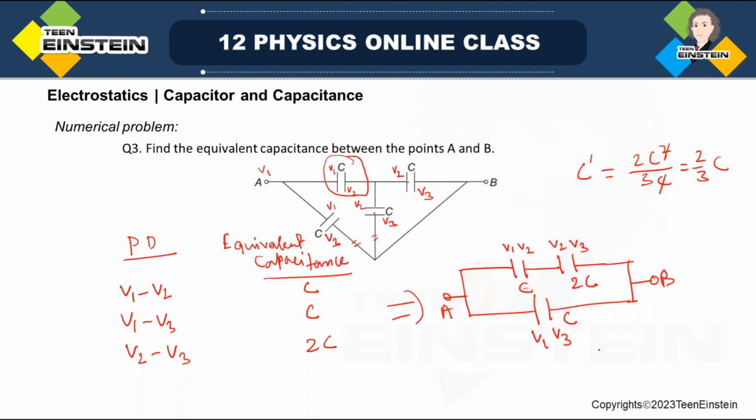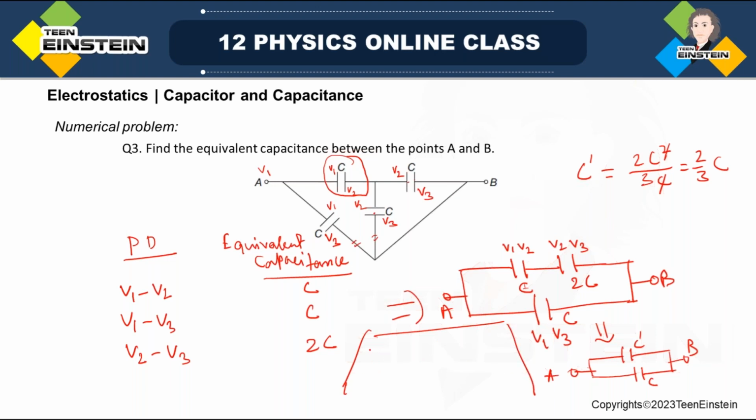Now the total equivalent capacitance will be, so this whole thing is now replaced by, let me draw another circuit. So the whole thing is replaced by C prime now, and along with that this C between A and B. Okay, so what is the equivalent capacitance now?